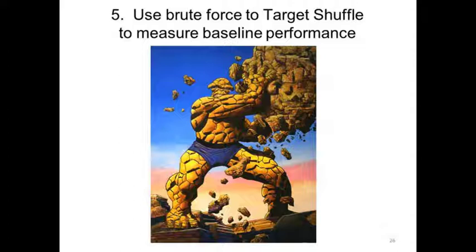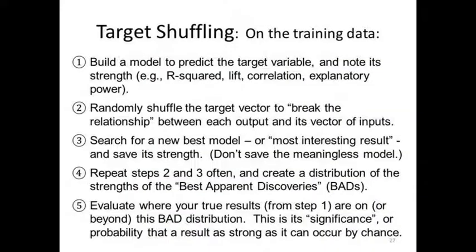Now I'm going to get to the very last and most important of them. Using brute force, we're going to target shuffle to measure baseline performance. Target shuffling is the name I give to the idea of figuring out what the ability of your powerful software is to torture the data until it confesses.